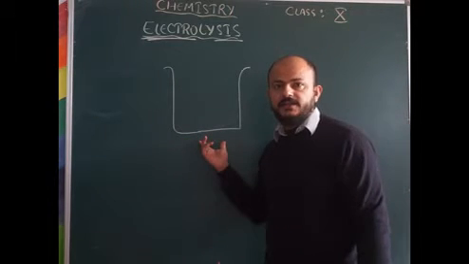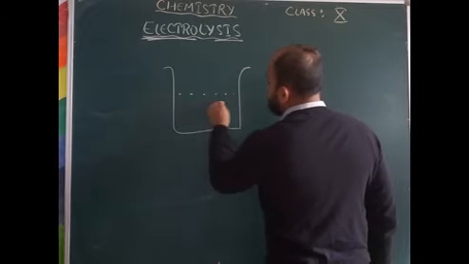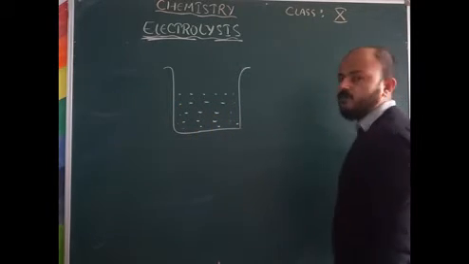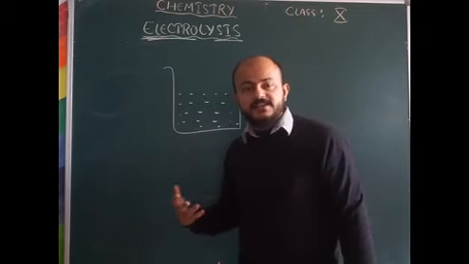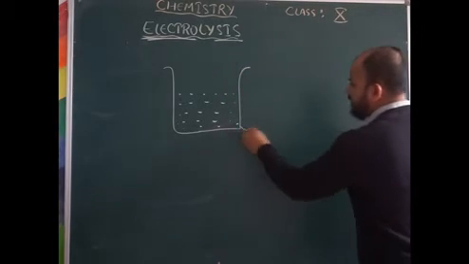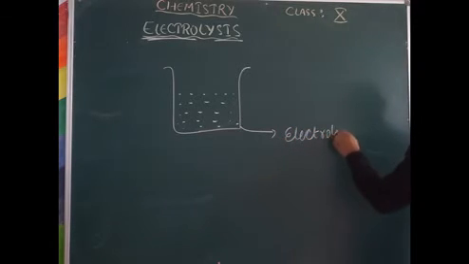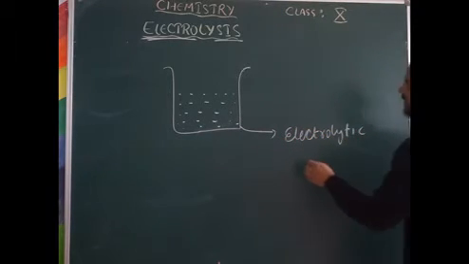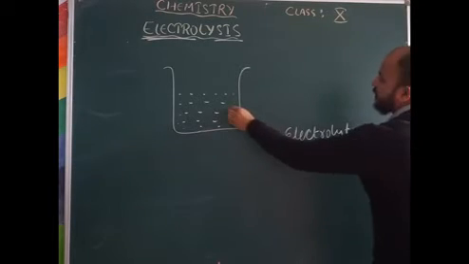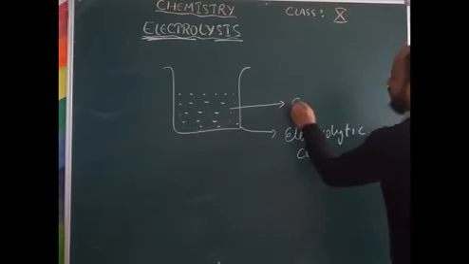In this container you have some liquid present, and this liquid here is electrolyte. Just now we have discussed what is electrolyte. They conduct current, electricity. So this container is known as an electrolytic cell. The liquid inside this container is electrolyte.